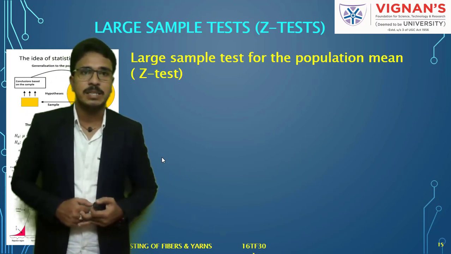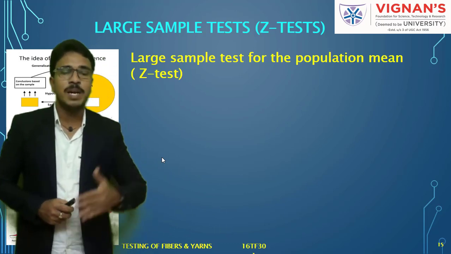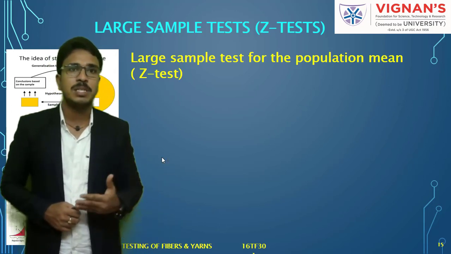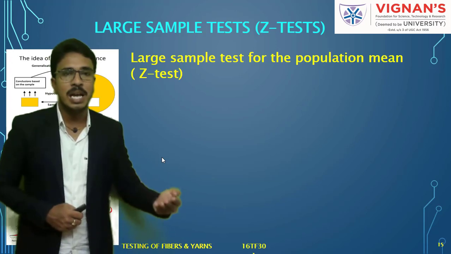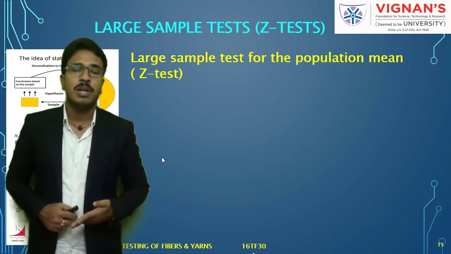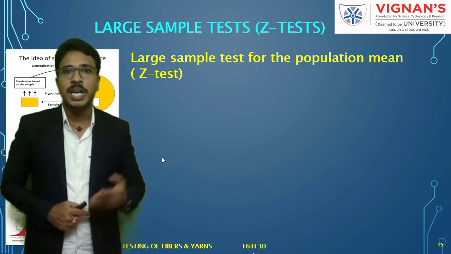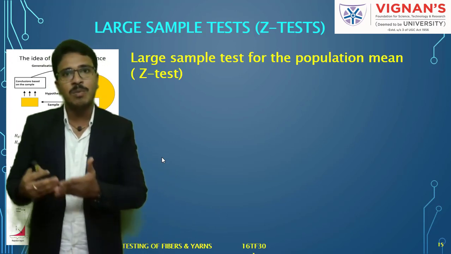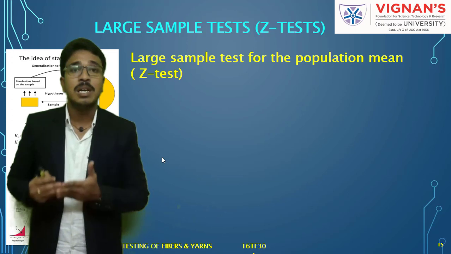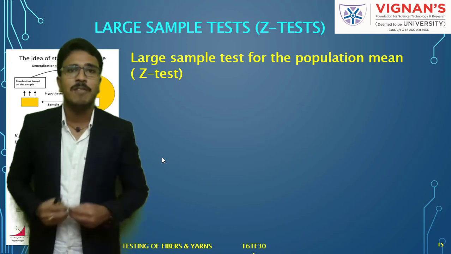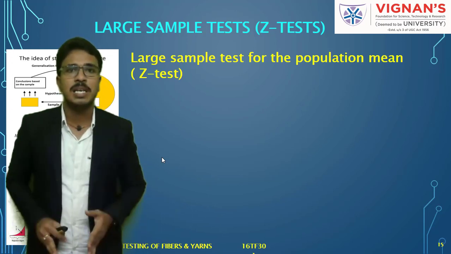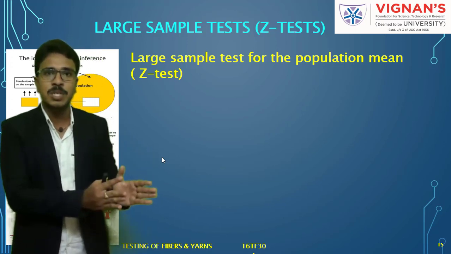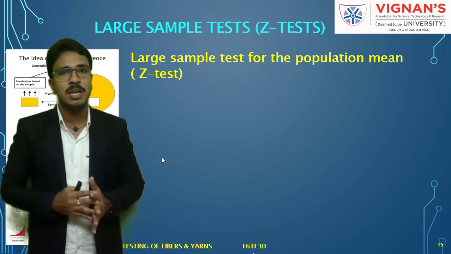In testing of hypothesis, there are two different types of hypothesis set: the null hypothesis and the alternative hypothesis. The null hypothesis is represented with H naught, and we set it assuming there is no difference, everything is the same.